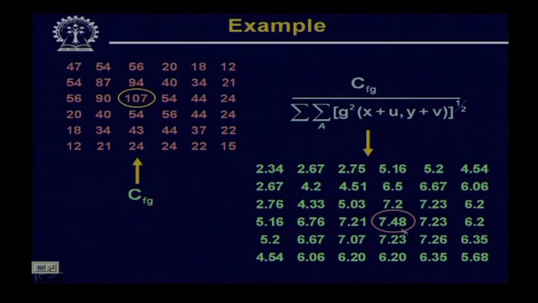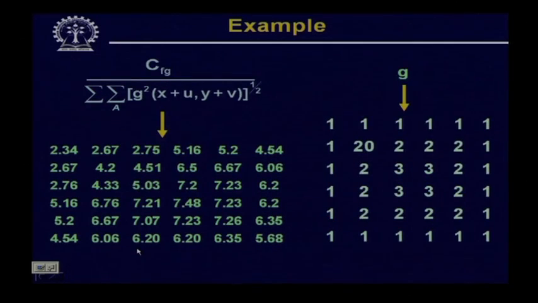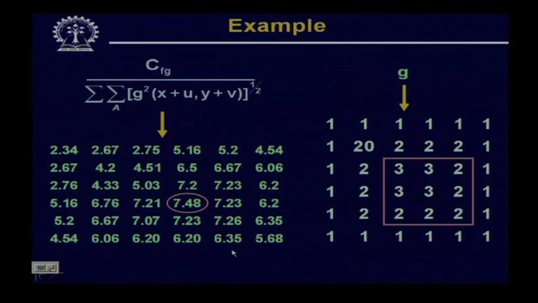So, now let us see, using normalized cross correlation as the similarity measure, what happens to our matching. This is the same normalized cross correlation matrix. The maximum 7.48 is coming at this location, and for this maximum, the corresponding matched location of the template within the image is given over here, as shown by this red rectangle.